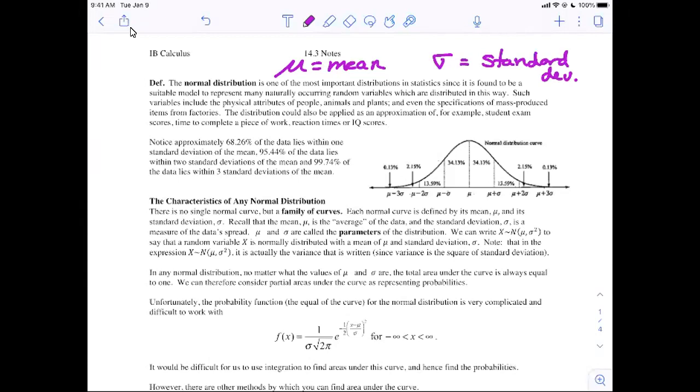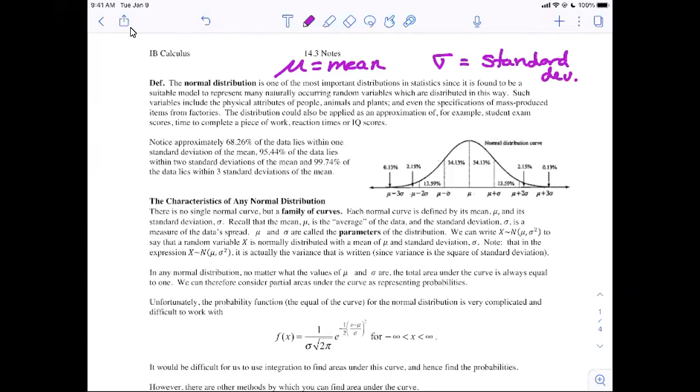It's within one standard deviation left or right, okay? Then 95.44% of the data lies within 2 standard deviations of the mean, and 99.74% of the data lies within 3 standard deviations of the mean. So do you notice that that is a teeny tiny part that's not within 3 standard deviations of the mean?